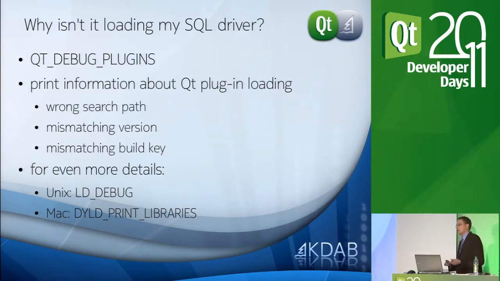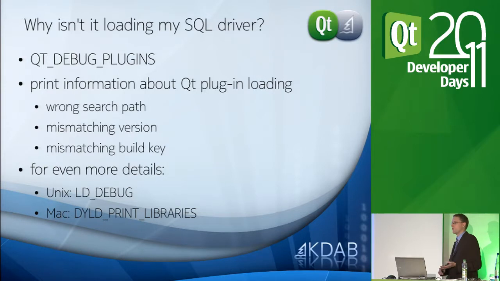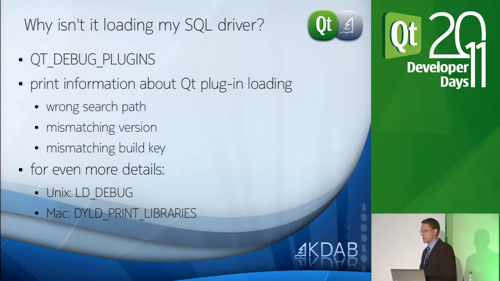So it shows you where it is looking for plugins, what DLL it is finding there, and if there's any problem with mismatching versions or mismatching build keys. So that helps you a lot already, but it might still fail without actually telling you what the problem is.